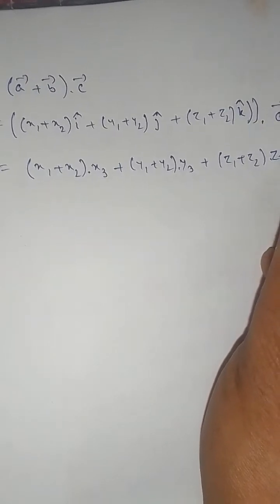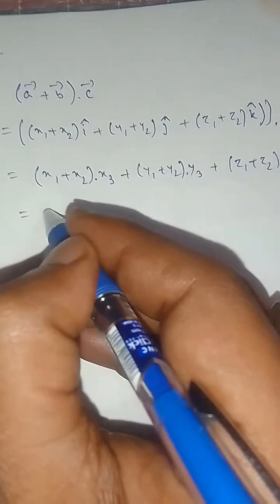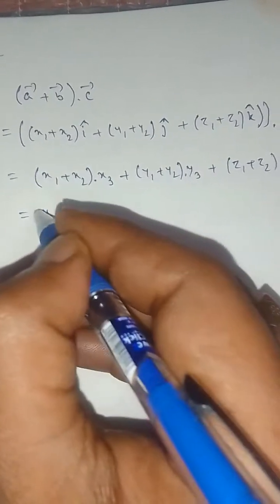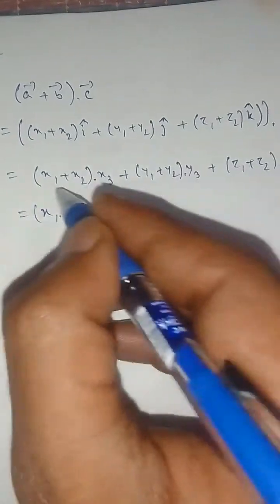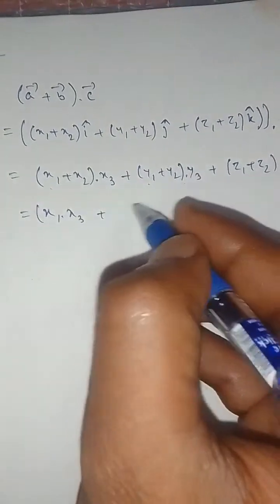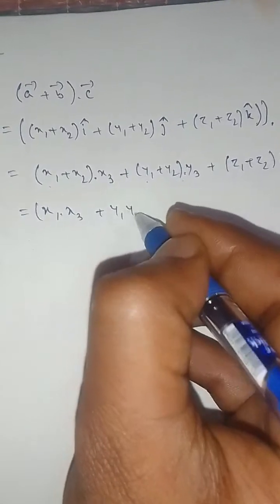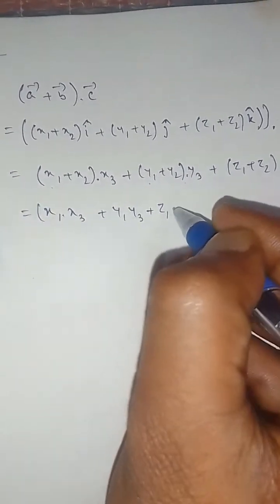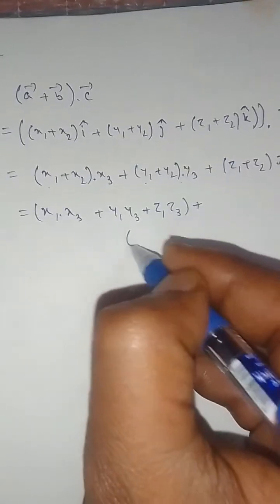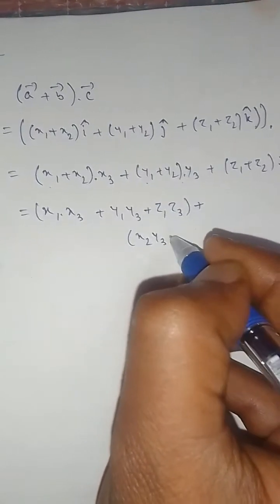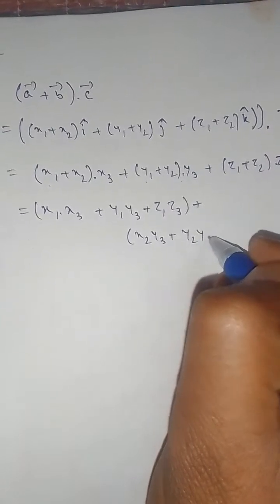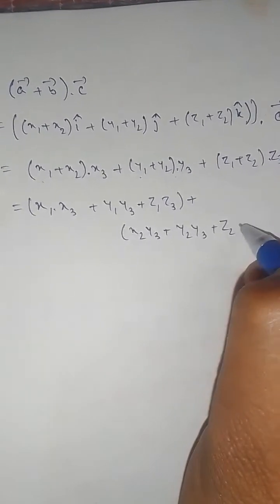Now we can write down x1 x3 plus y1 y3 plus z1 z3 plus x2 x3 plus y2 y3 plus z2 z3.